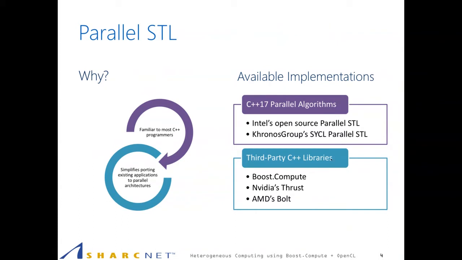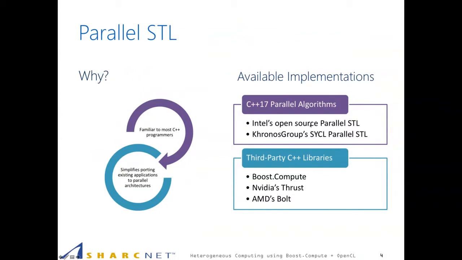But there are also third-party C++ libraries, which you can usually use as header-only libraries, which is Boost.Compute, the topic of today's seminar. And there are also NVIDIA's Thrust and AMD's Bolt.